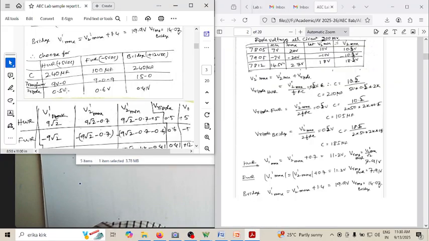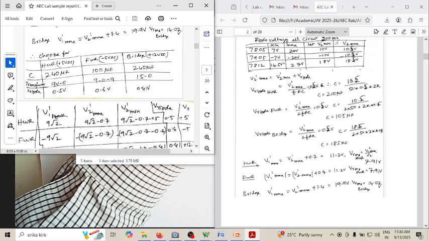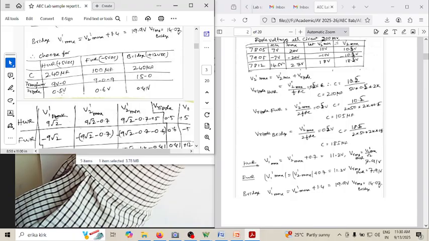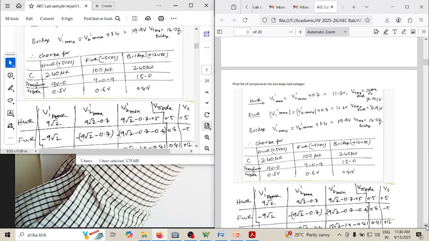And you can find the ripple voltages here. We are taking the ripple voltages as around 0.5, 0.6 and 0.4.